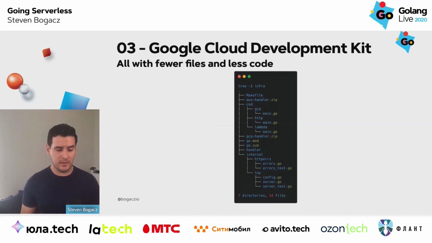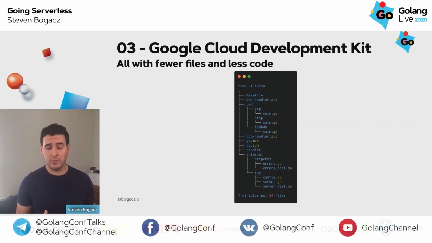Again, there are some places where, depending on what your project needs, these kinds of abstractions may not always work. But I would say that there's quite a bit of functionality within the Google Cloud Development Kit or other abstraction libraries.